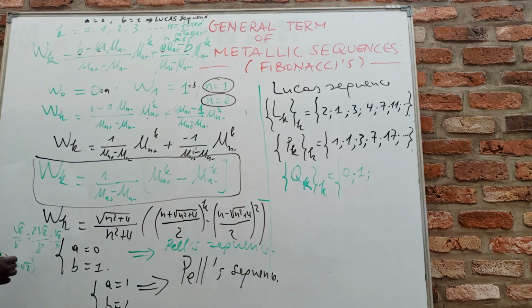On the other hand, minus, that one is going to be equal to 1 minus square root 2, power k. So now we divide by 4 and you multiply by square root 2 over 4, say.